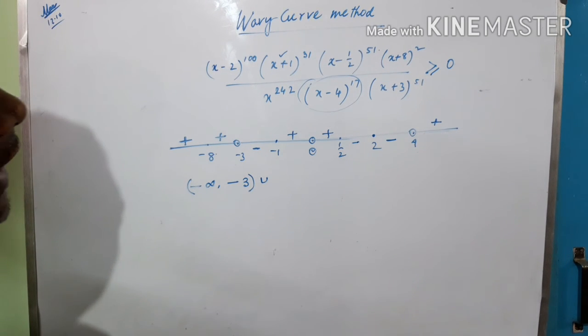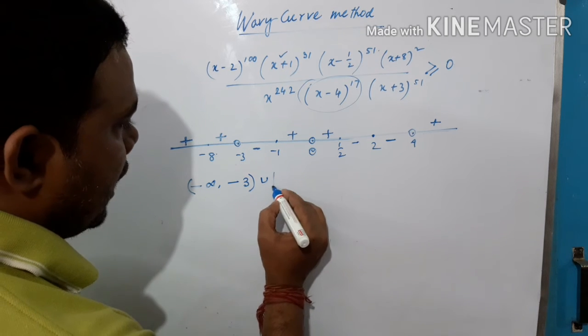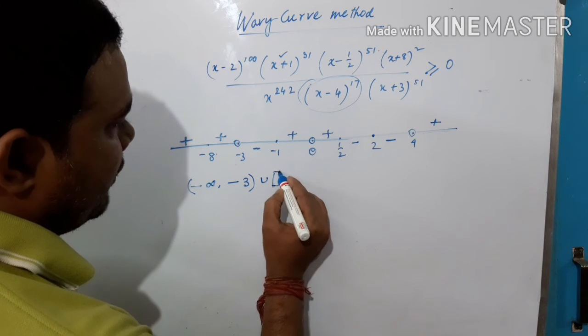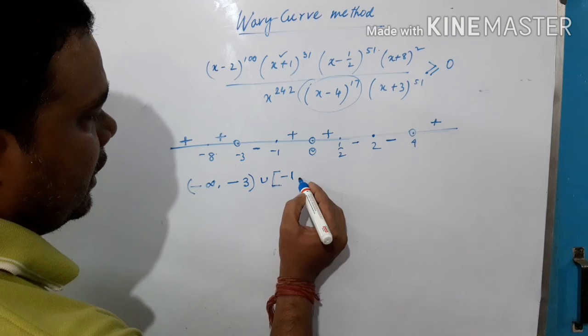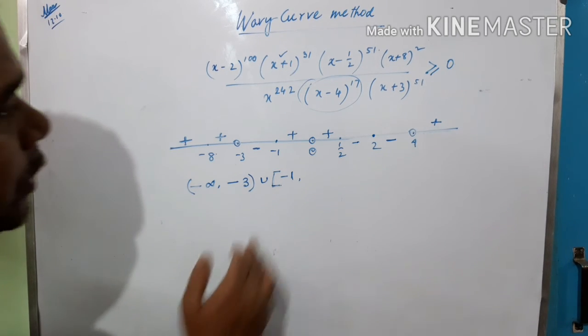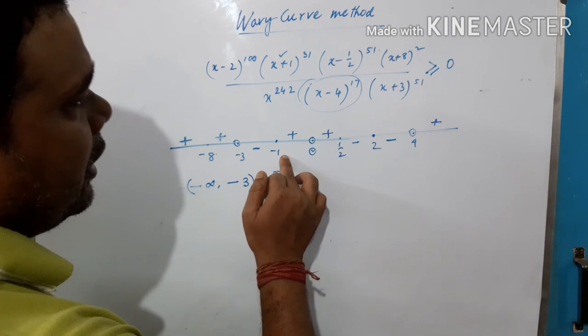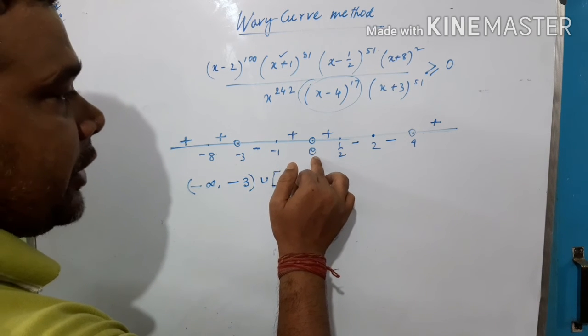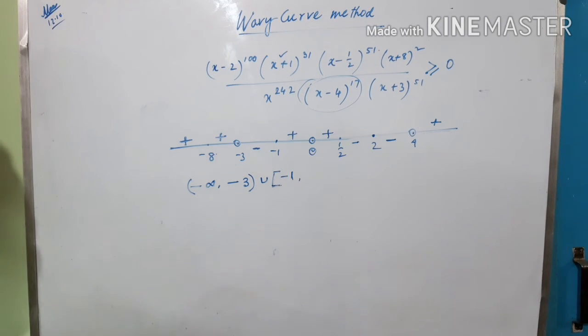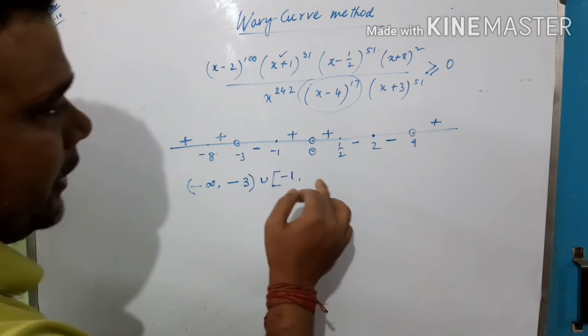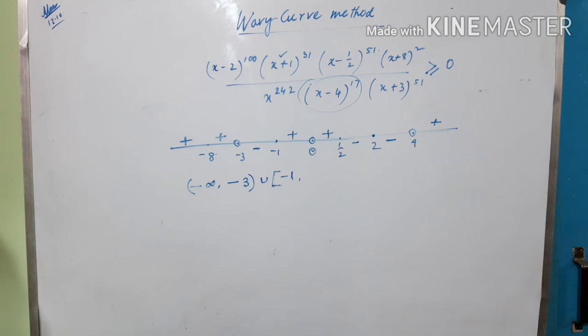Minus 1 is a root value, so we put a closed interval at the point minus 1, and it goes from minus 1 to 0, then from 0 to 2. But see that in between minus 1 to half, there is a point 0. And what is the value of the expression at the point 0?